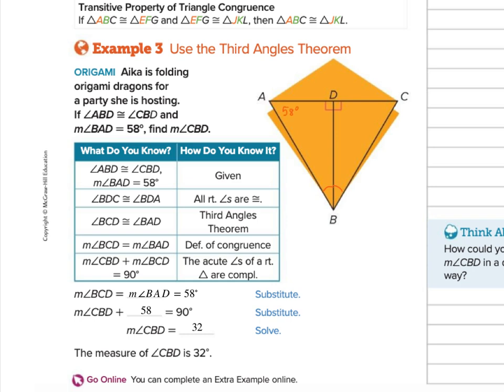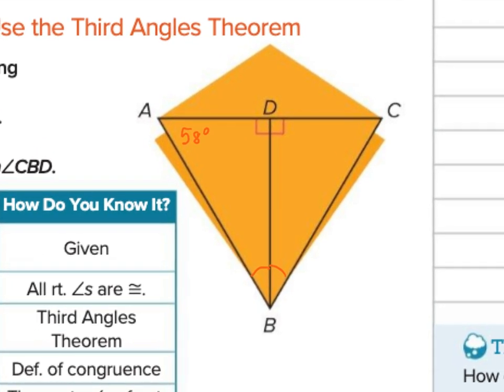CBD. Well, again, this is 90, this is 90, and if these two angle measurements are congruent, well, I know that this angle measurement right here has got to be equal to 180 degrees, right?